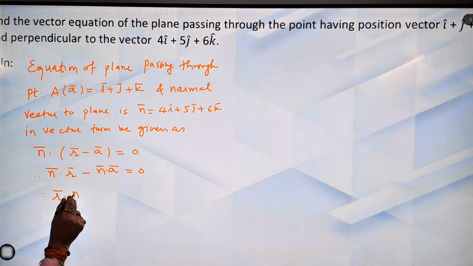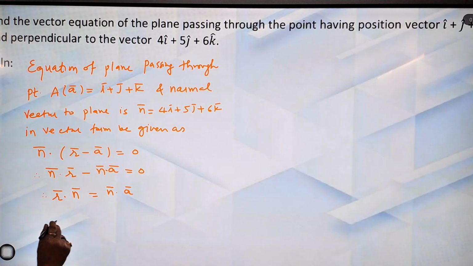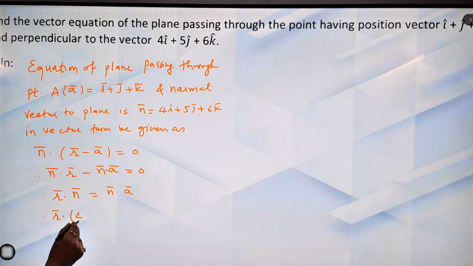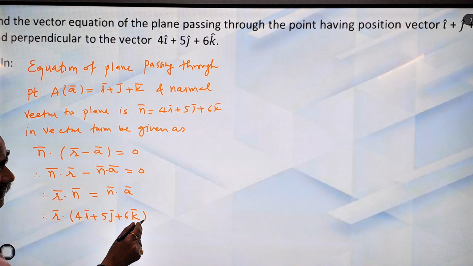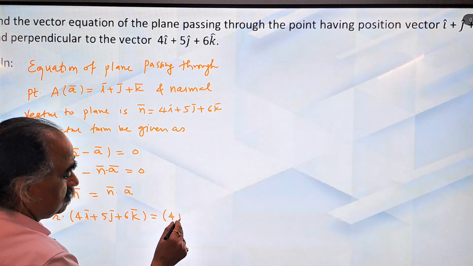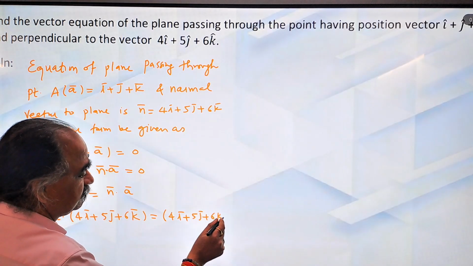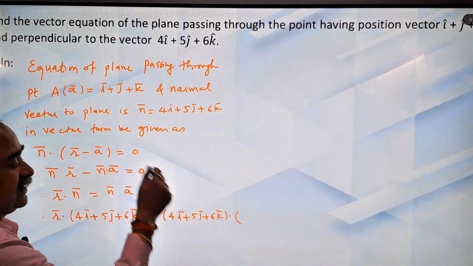So r bar dot n bar is equal to n bar dot a bar. So r bar dot n is what? 4i plus 5j plus 6k dot i plus j plus k.